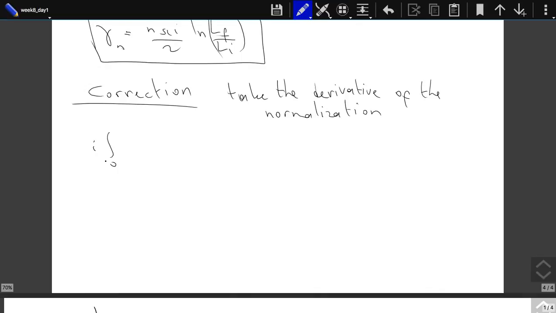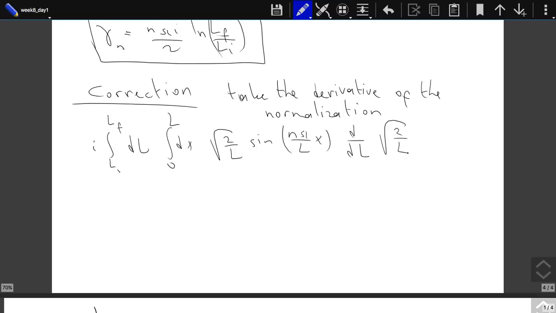So you see, from L initial to L final, dL, dx from 0 to L of square root of 2 over L sine n pi over L x times d over dL of square root of 2 over L sine n pi over L x dx. This is what we should evaluate.